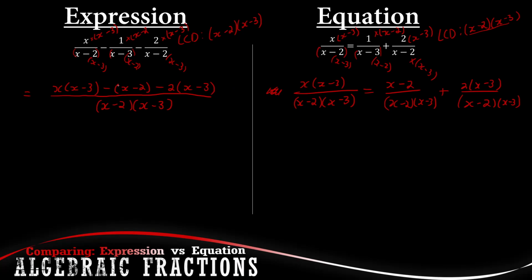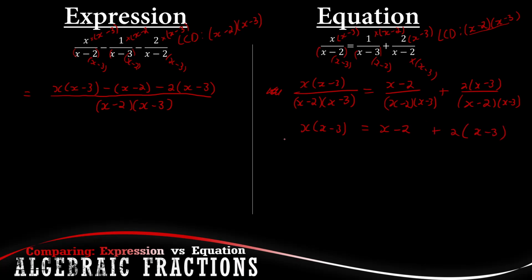So this one has to stay over the lowest common denominator, whereas this one we can drop the denominators. So we can say x minus 3 equals x minus 2 plus 2 times x minus 3.